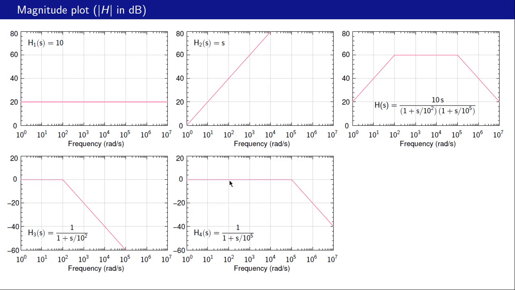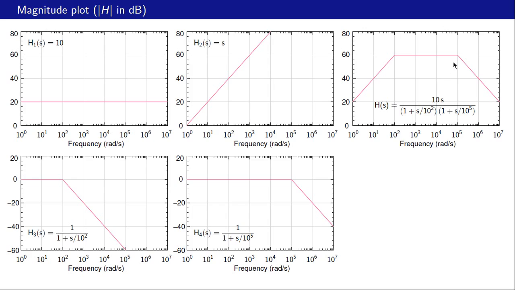So the net slope is 0, minus 20, plus 20, plus 0. So that is a net slope of 0 dB per decade. And that is why we draw a straight line with a slope of 0 dB per decade, and we stop at this breakpoint, which is the same as this pole here.